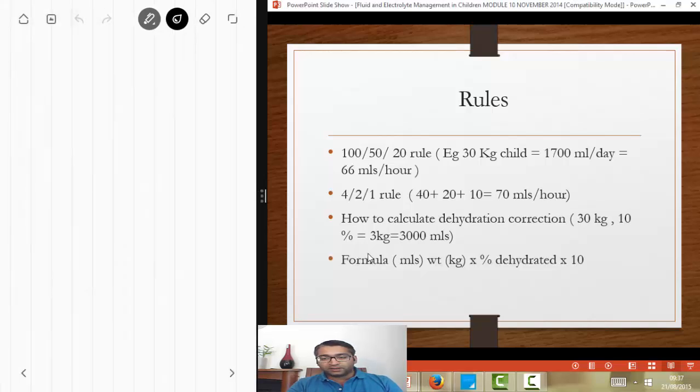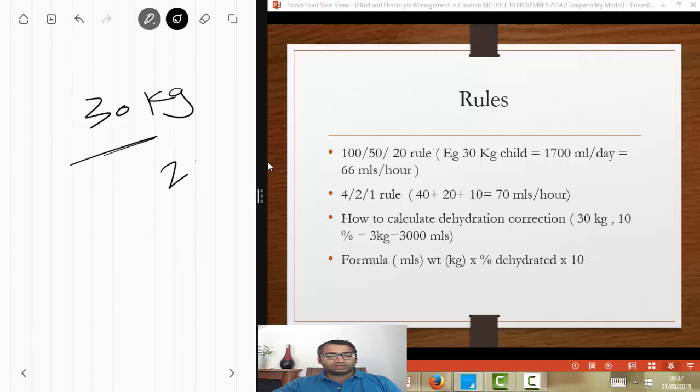There is a formula for calculating dehydration. So the formula is as follows: weight in kilograms times percentage dehydration times 10. For example, if you're given a child who is 30 kilograms and you're told that the child's dehydration is, let's say, 20% dehydration, just for argument's sake, you would do 30 times dehydration percentage times 10.